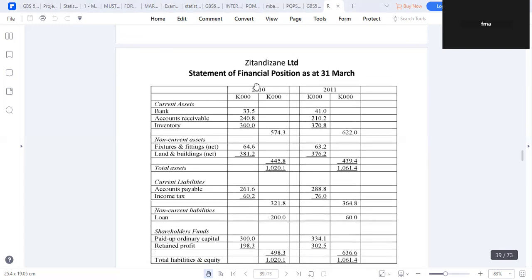So we have these figures in mind. We also have our cash flow statement. Let me put them on one page so that we don't go back and forth.